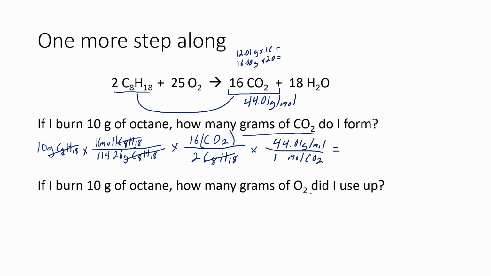Alright, so we have moles, and moles cancel. CO2 and CO2 cancels. Actually, we already have the moles down here, so that's that. Just 44.01 grams of carbon dioxide for every 1 mole of carbon dioxide.